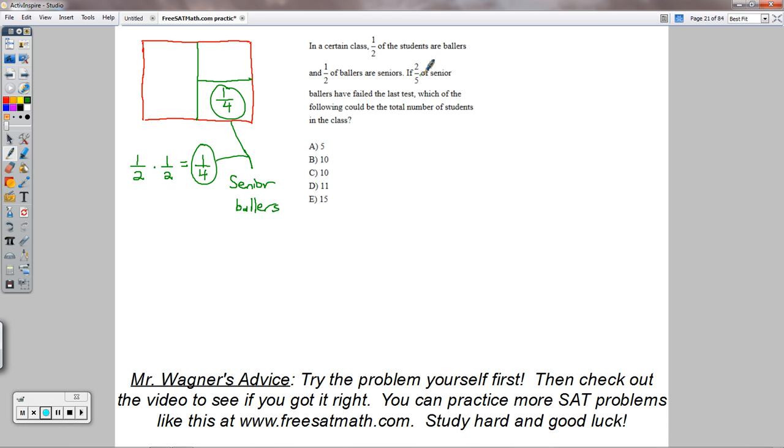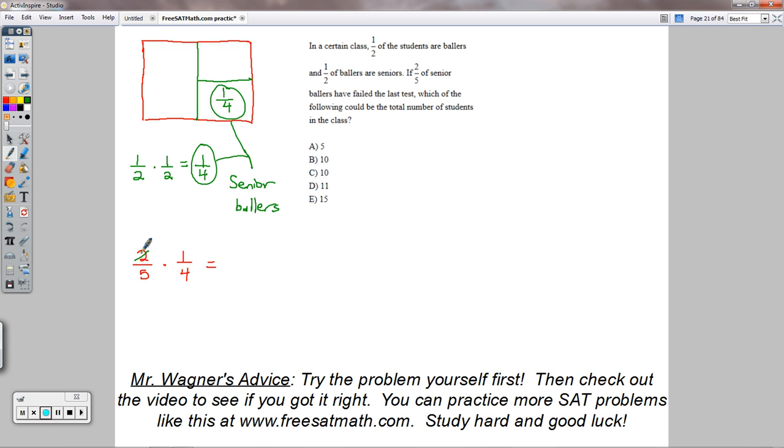And it says 2/5 of the senior ballers, so 2/5 of this 1/4 would be 2/5 times 1/4. You could split this up into 5 different sections and shade in 2 of those 5 sections, and visually think of it that way as well, but this works just as well.